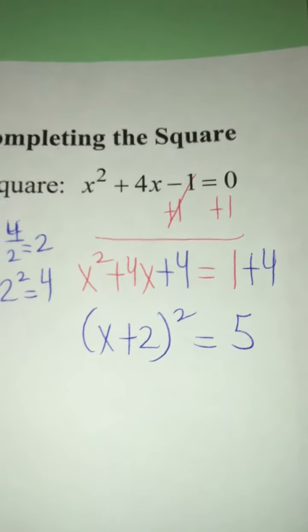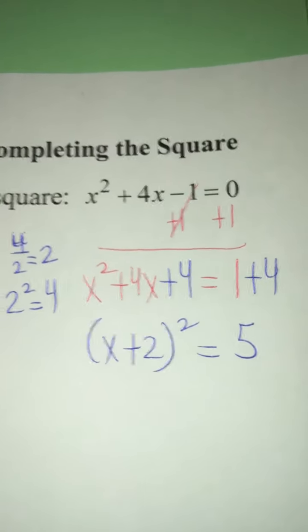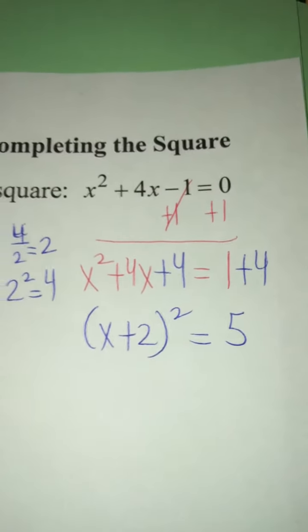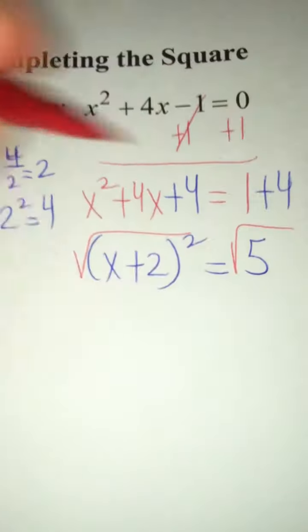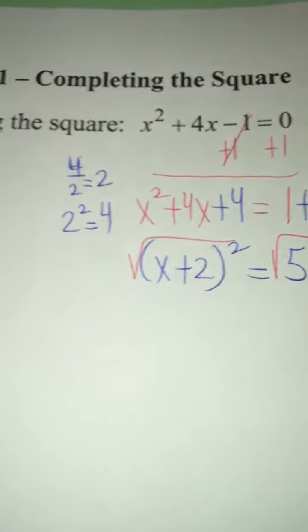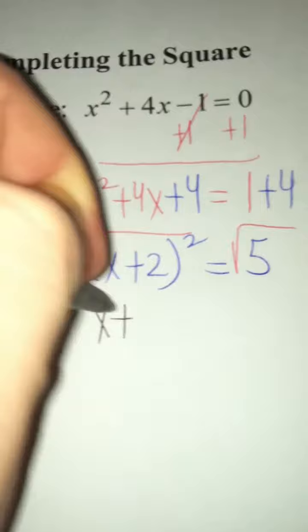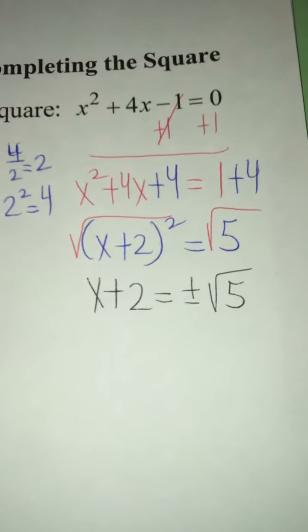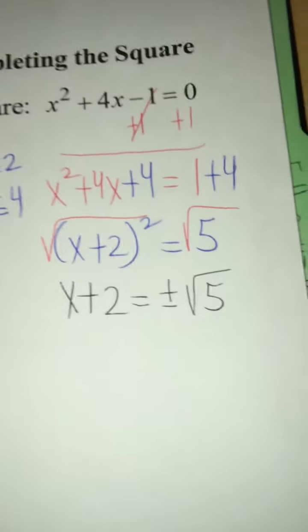Now, at this stage, this looks mighty familiar. The last example we did where we had to get the exponent by itself. So the next step is to take the square root of both sides. So we have x plus 2 equal to plus or minus square root of 5. One last step. To solve for x, we need to subtract 2 from both sides.